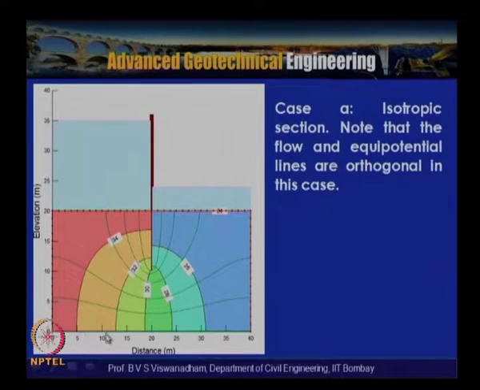This is the flow line, and the equipotential lines commence here and then drop down at 90 degrees here. So the orthogonality between the flow lines and equipotential lines can be seen, and these curvilinear squares having approximately aspect ratio 1 can also be seen.